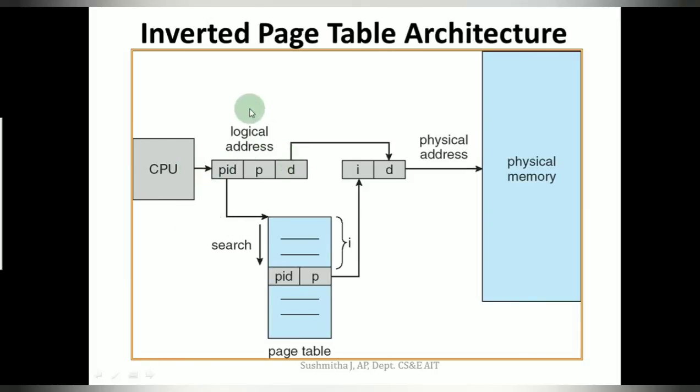The CPU generates the logical address, which consists of these 3 things, and using it, the table is searched for the appropriate process ID and page number. If a match is found at the ith location, that i value with the offset gives the physical address. If there is no match found, it is treated as an illegal address.